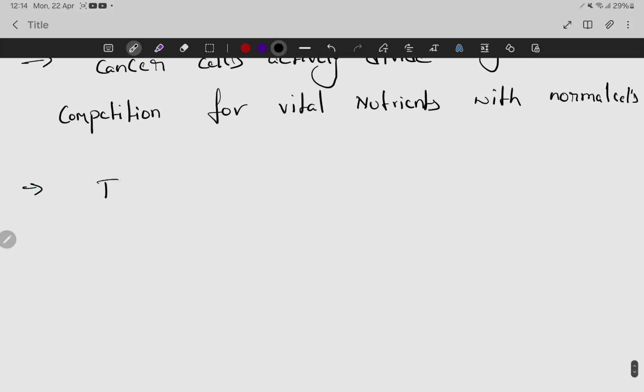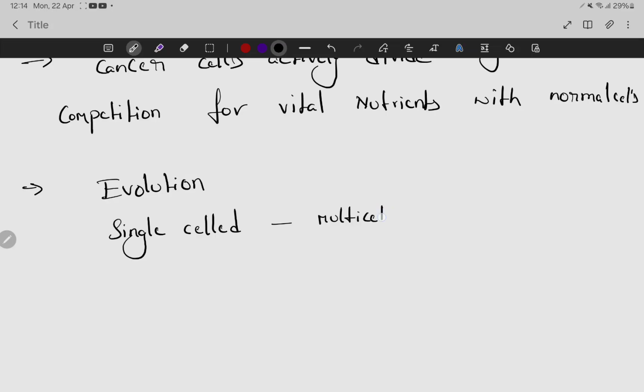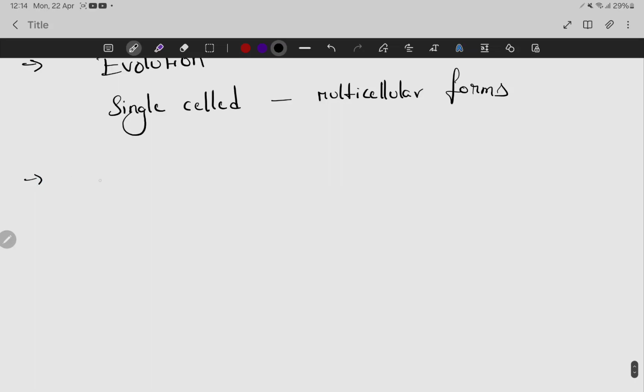Next, in evolution, single celled will become multicellular forms. What is the major test for cancer? Biopsy.